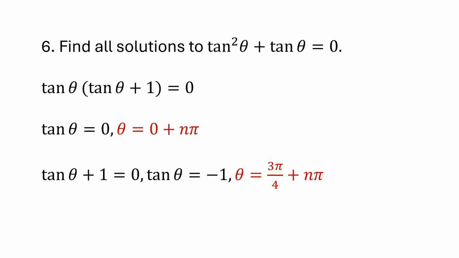Tangent theta plus 1 equals 0 is where tangent of theta equals -1, which is going to be at 3 pi over 4, in the second quadrant, and we'll also have the fourth quadrant, so it's going to be plus n pi, not 2n pi, because this is 45 degrees. So we can pick those two numbers up and they will look a lot alike.